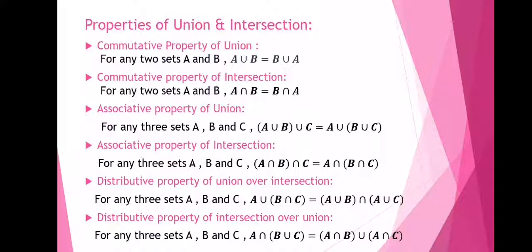The associative property of union is basically related to three sets, and the parenthesis around the two sets separated by the sign of union indicates that we are going to do it first.